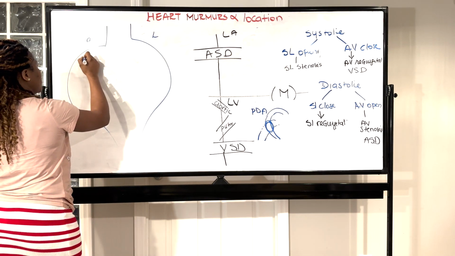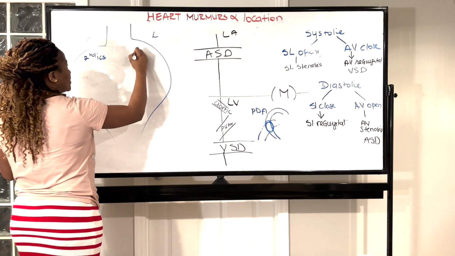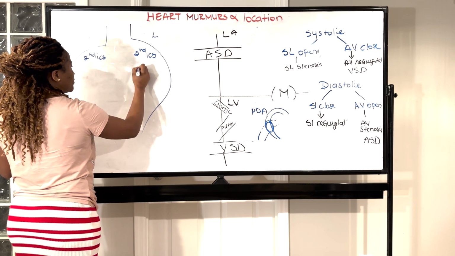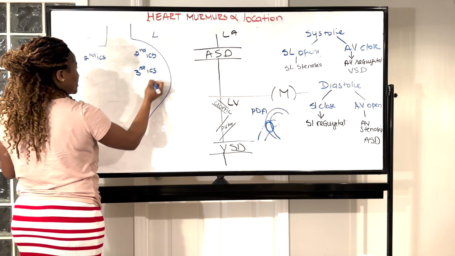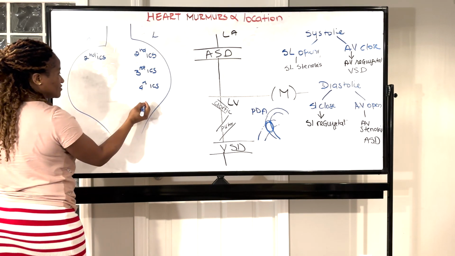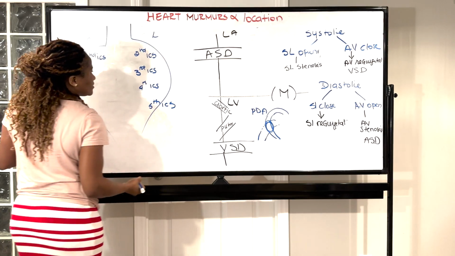This is going to be my second intercostal space on the right, second intercostal space on the left, third intercostal space, fourth intercostal space, all on the left, and fifth intercostal space.